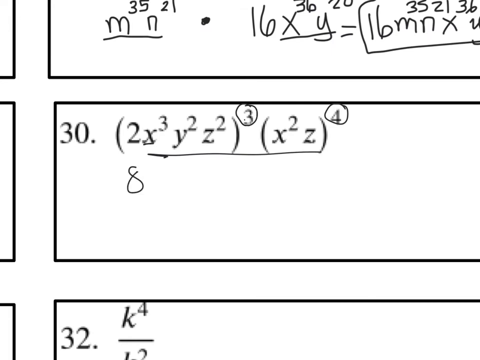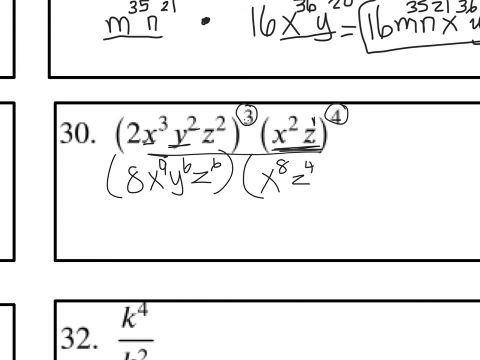X to the 3rd. 1 base, 2 exponents, multiply. 1 base, 2 exponents, y to the 6th, and z to the 6th. And then we're going to do this one. Remember, z has a visible 1. So that one is going to be x to the 8th and z to the 4th. 1 base, 2 exponents. Means you multiply.